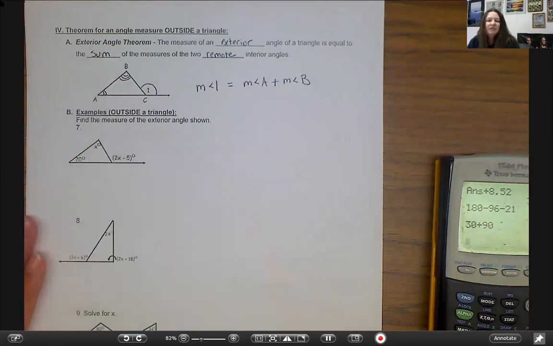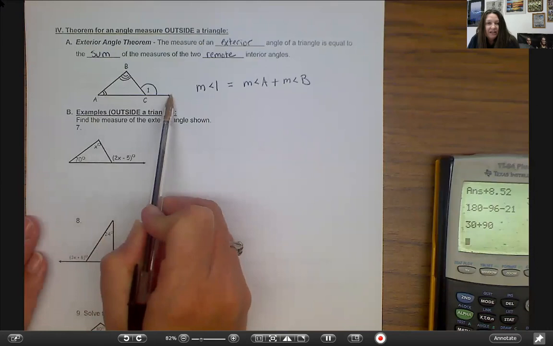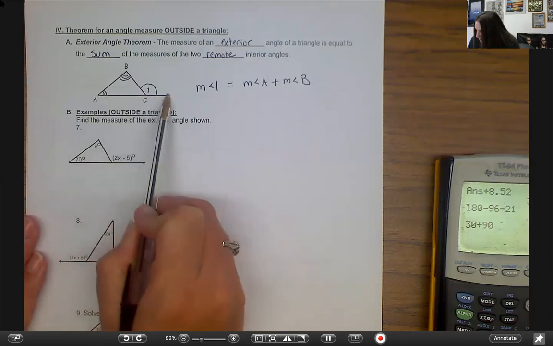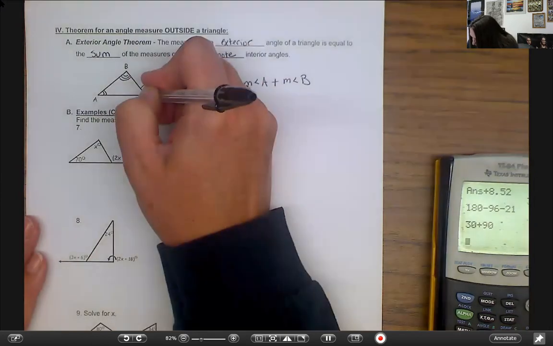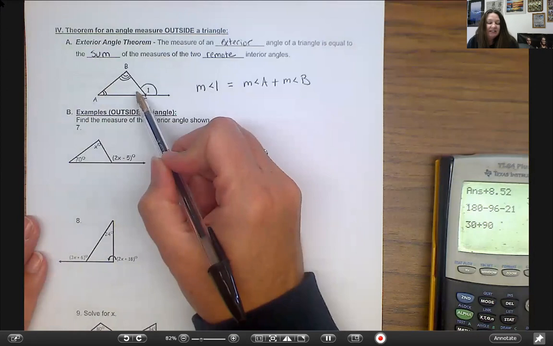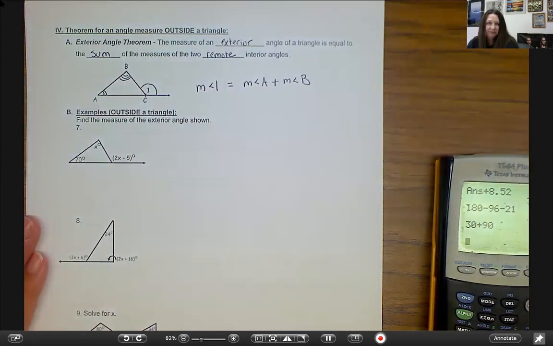So if we want to create an exterior angle on a polygon, and here we're only using triangles, we're just going to take a side length and extend it. If we take one side of our figure and extend that, you can see that at vertex C right here, I have angle C, which lies on the interior of that triangle, and then angle 1, which will be the exterior angle in that triangle.